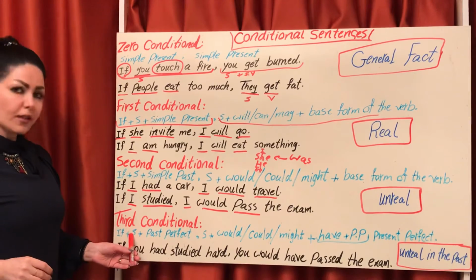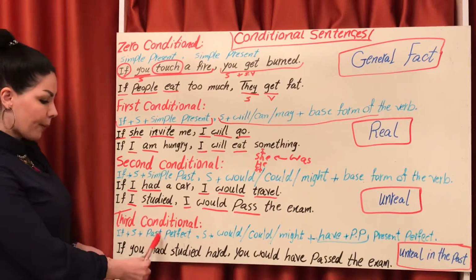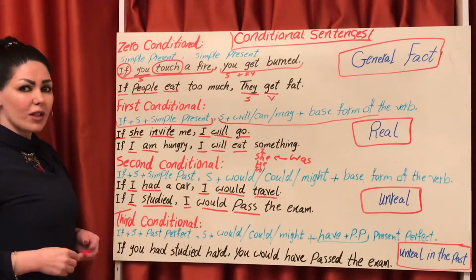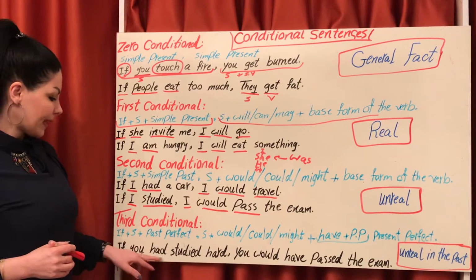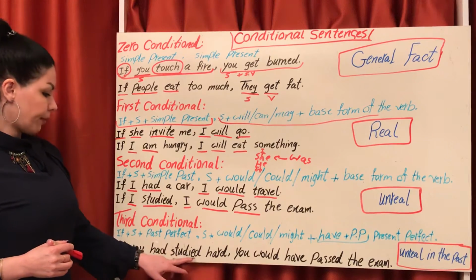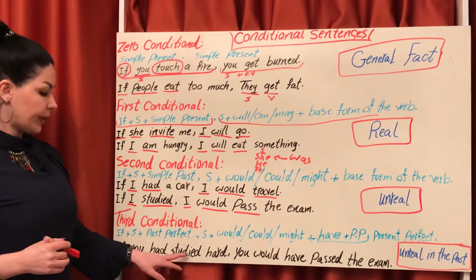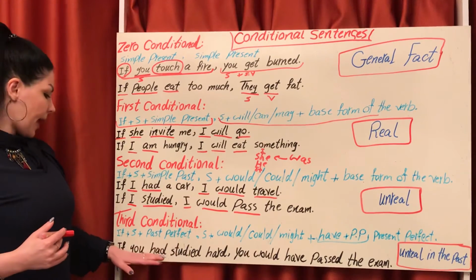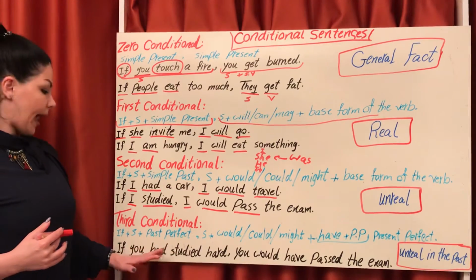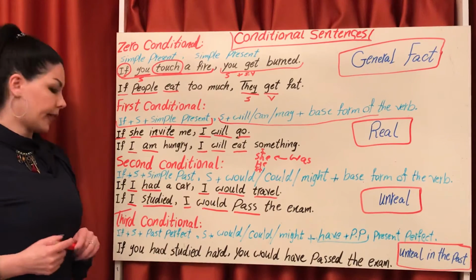If plus subject plus past perfect. What is the structure for past perfect? Had plus PP. PP means verb 3. Had plus verb 3.